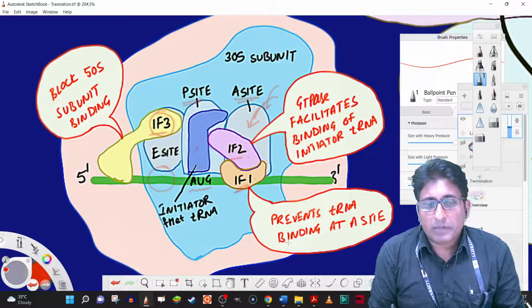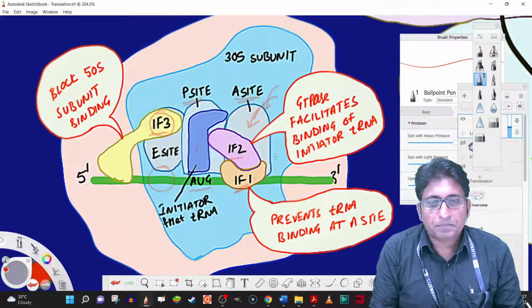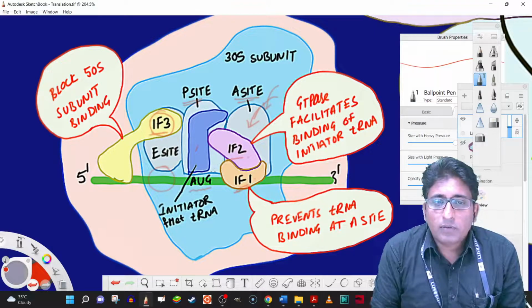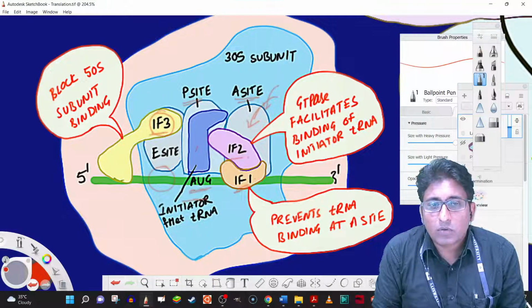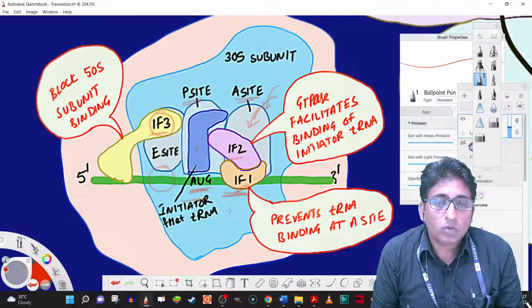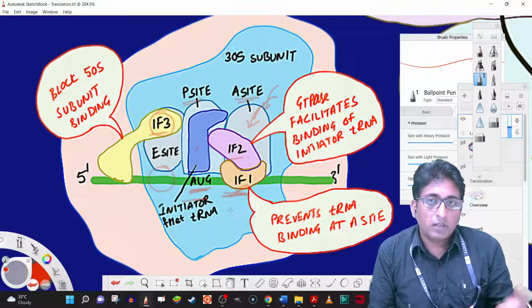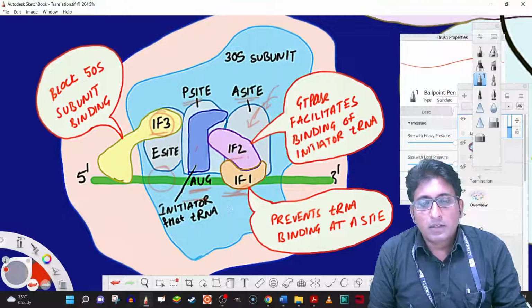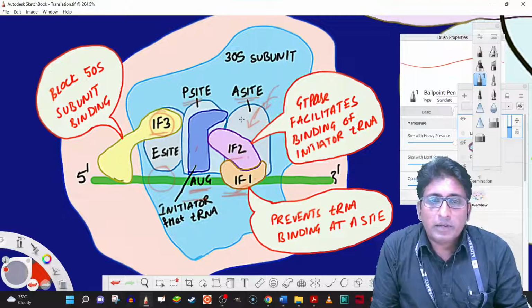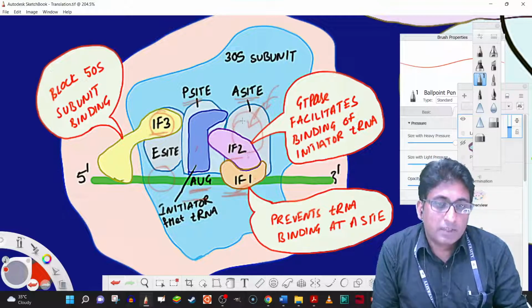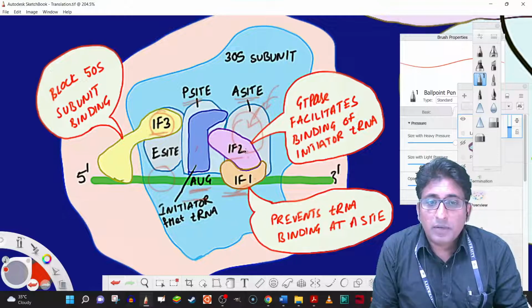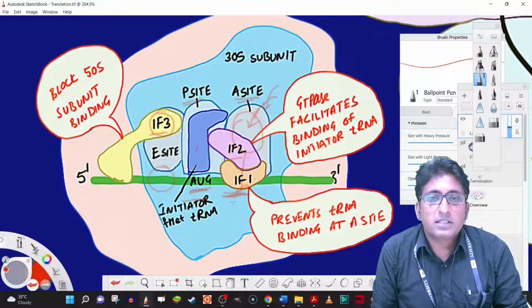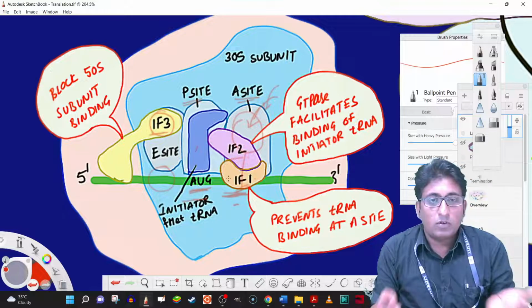It should be prevented because, say we have the AUG start codon here, and some other codon here. We don't know what that codon would be of the mRNA that is going to be bound to this small subunit. So if we already have a tRNA here, it may not match with the second codon, because we don't know for sure.